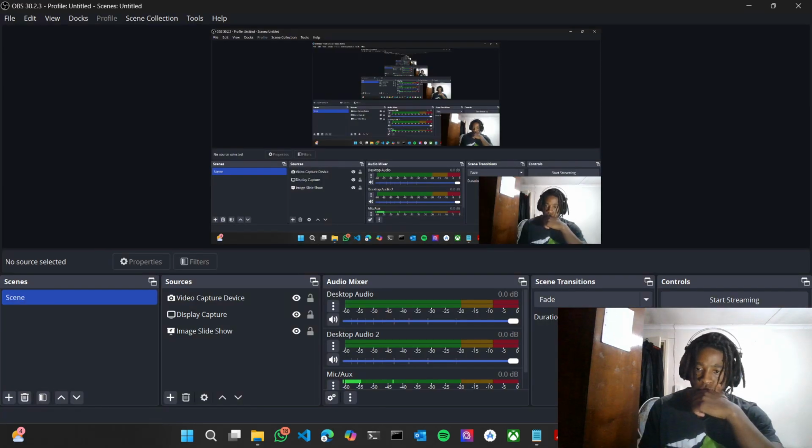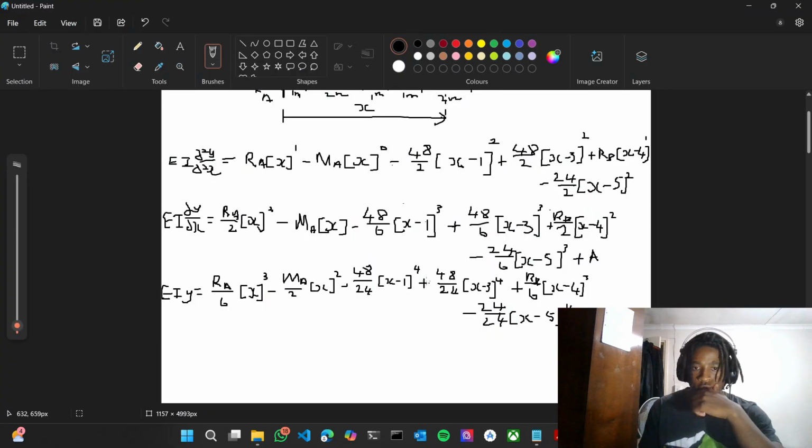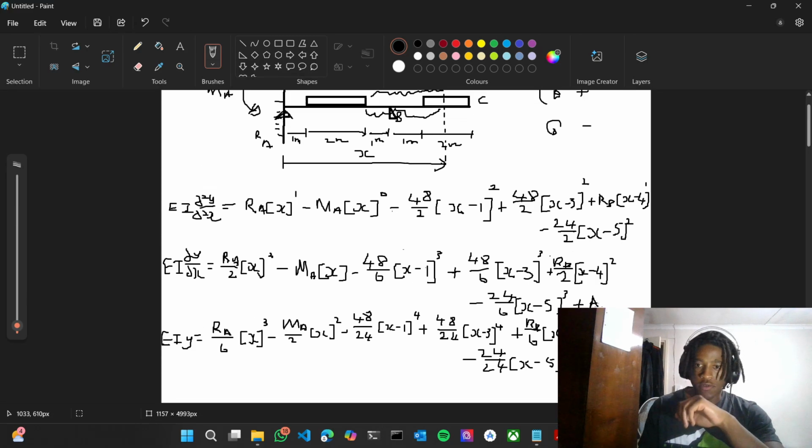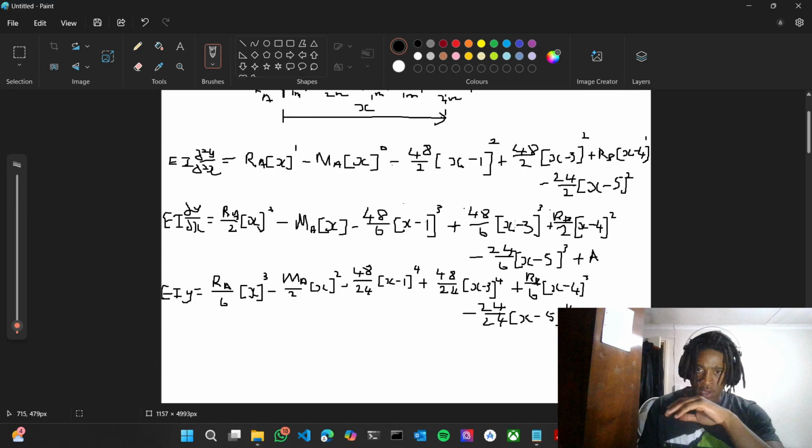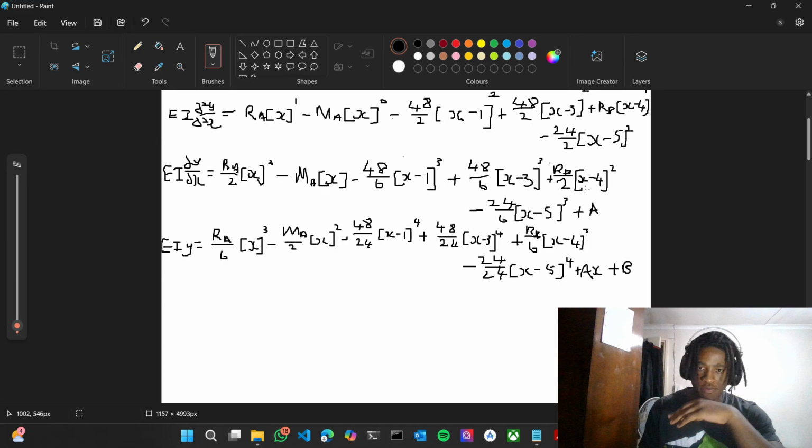Alright, so integrating again, it's the same process, and here you're going to get another constant of integration, and the last one is going to now be integrated to have an x value. So here we've got our bending moment, our slope, and deflection equation.